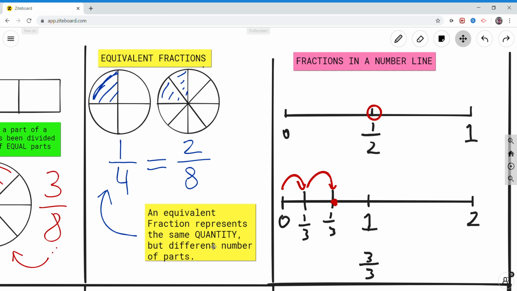It's important to remember, guys, when you have a larger number of equal parts, that means those parts are smaller. So if you only have 4 equal parts, those are big parts. But if you got 8 equal parts, you got a larger number of parts, but those parts are smaller.